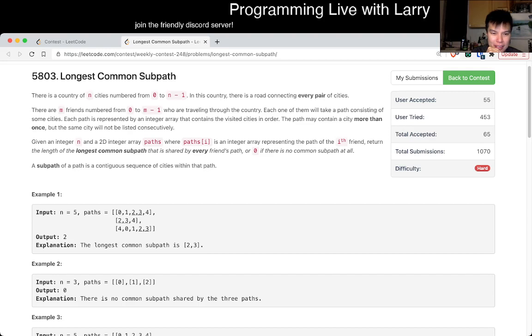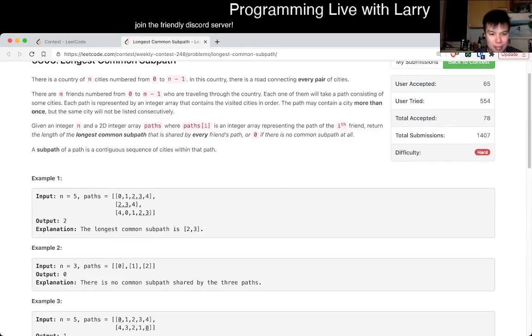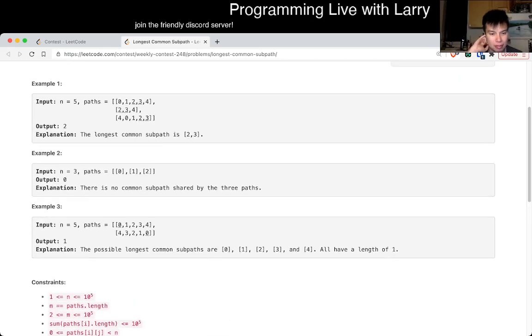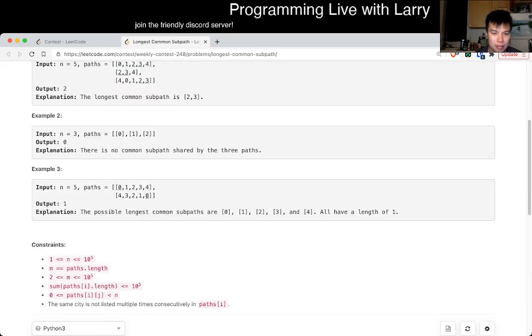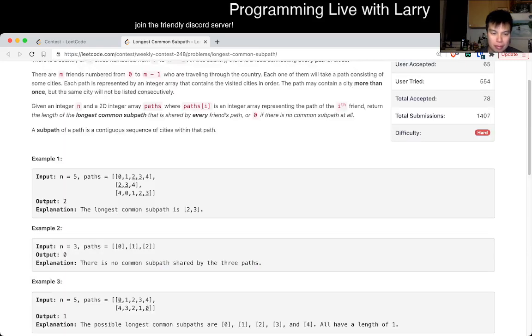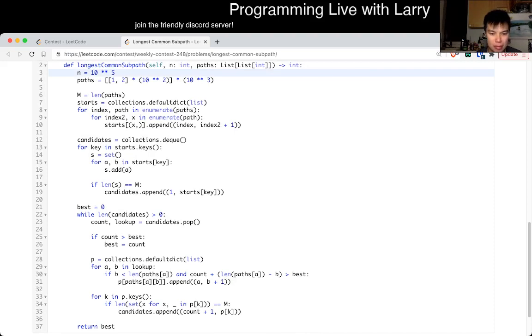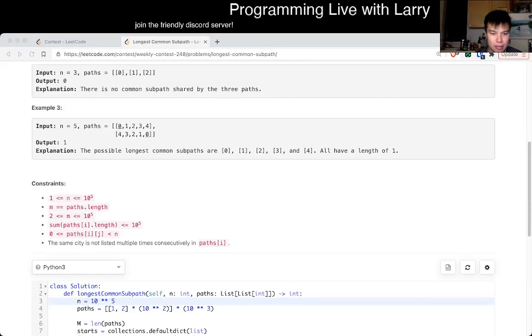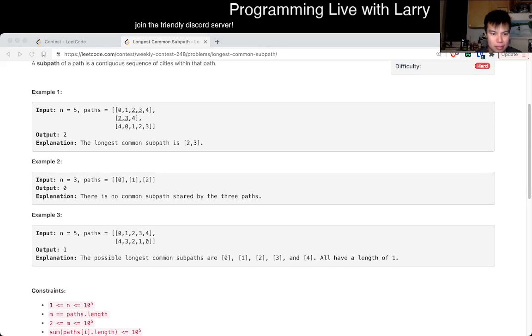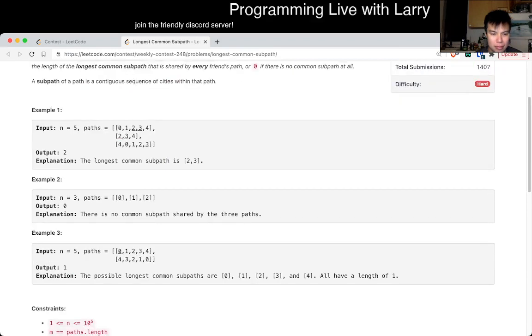Don't think so. Yeah, I mean, you can binary search on the answer, but I don't know if it's going to be fast enough.